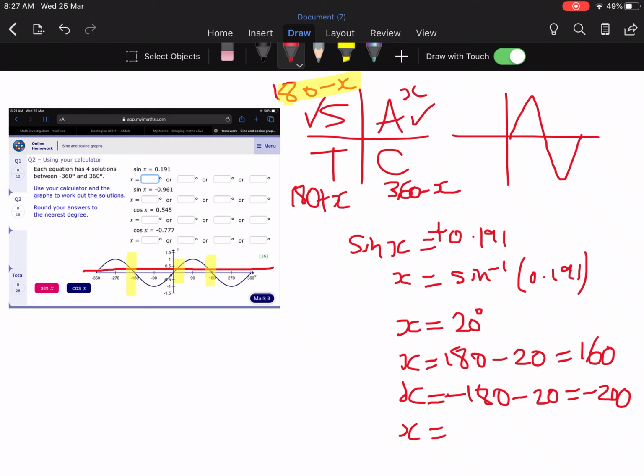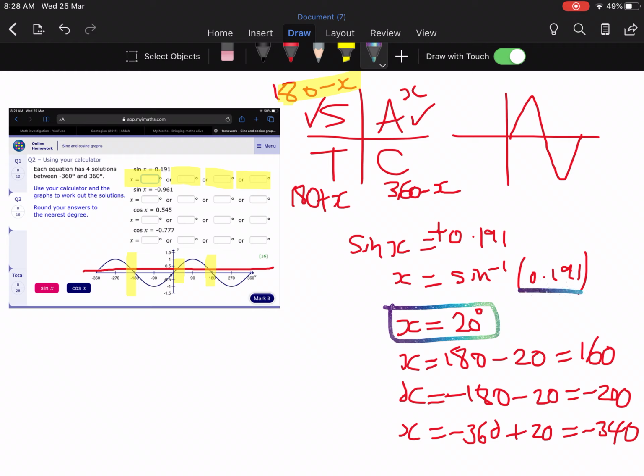And then the last one you can see is just before negative 360, so it's going closer to 0, so I need to add the 20. So that would be negative 340. So those would be my 4 angles that I would put in here. Remember, what I've put here is just an estimate, that's not the actual answer. You would need to do that on your calculator.